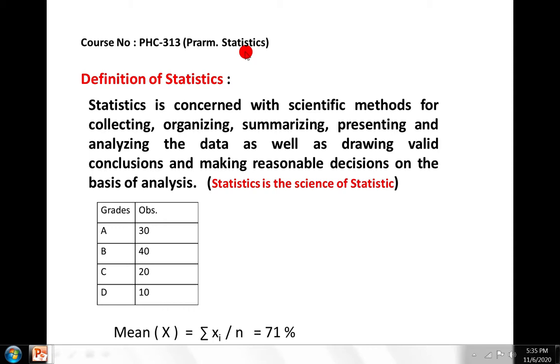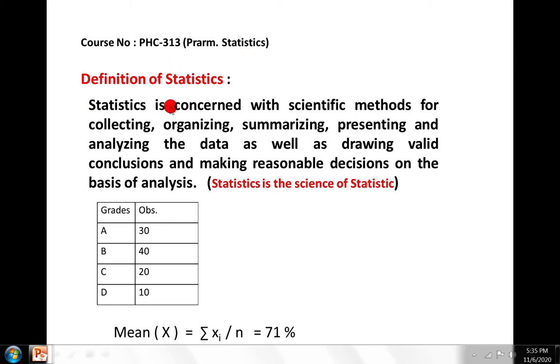According to the course content, the first topic is the definition of statistics. This is a very important definition. This definition represents all the methods: collection of the data, summarization, presentation, analyzing and conclusion, etc. So what is the definition?